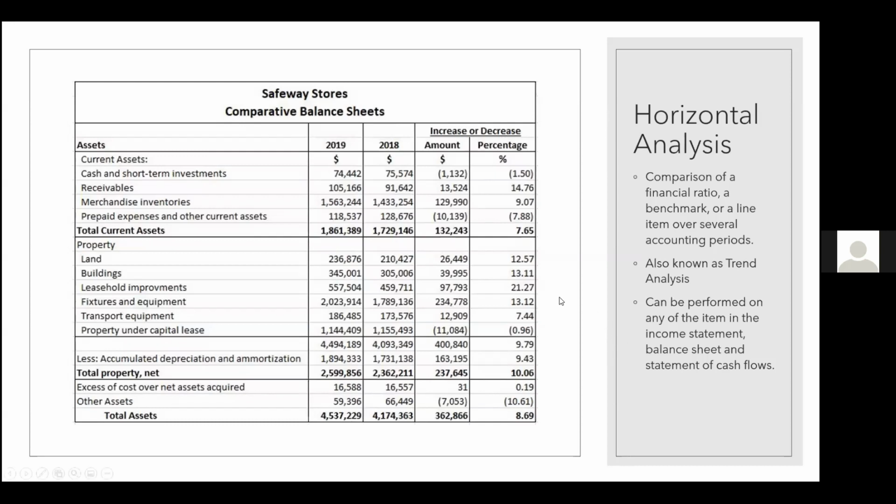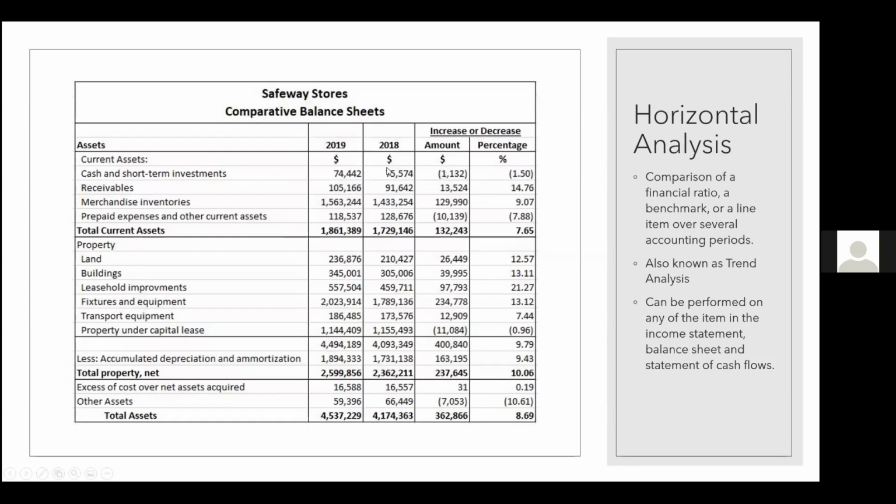For example here, in 2019 your cash and short-term investment is 74,442, and in 2018 it's 75,574. So in horizontal analysis you will be checking for the increase or the decrease in the amount or in the percentage.